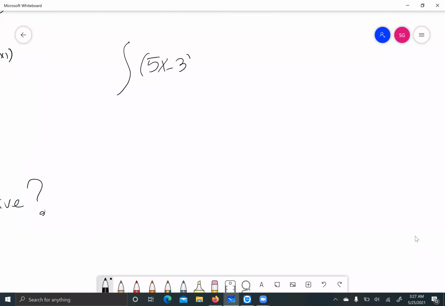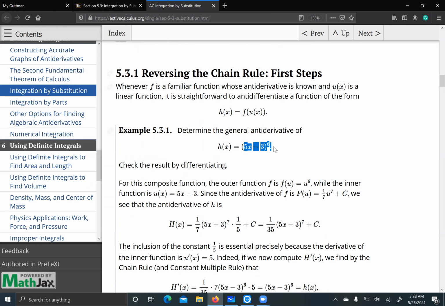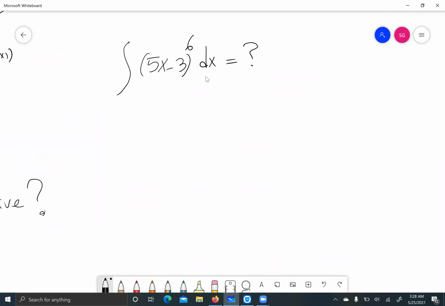The same example. When we say the integral of this function, that means the antiderivative, just different wording, right? I think your textbook says, determine the general antiderivative. What is the antiderivative of (5x minus 3) to the power of 6? Which is the same as saying what is the integral of this function with respect to x.